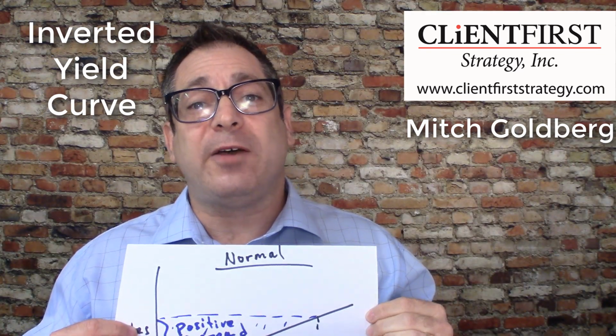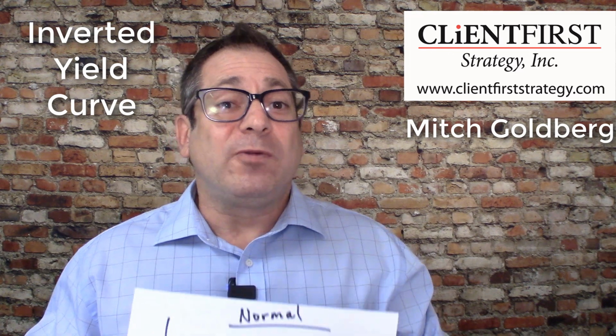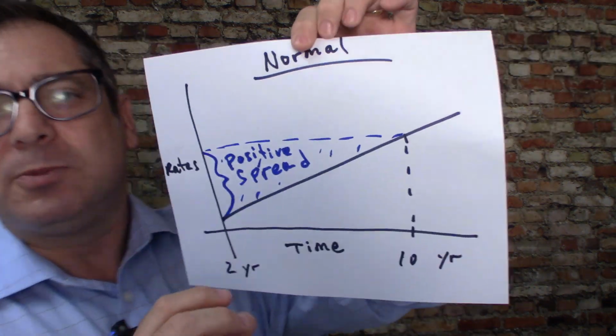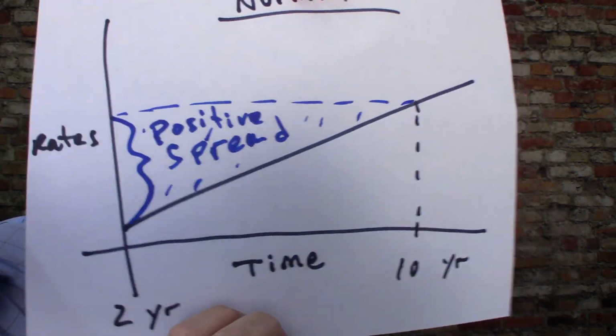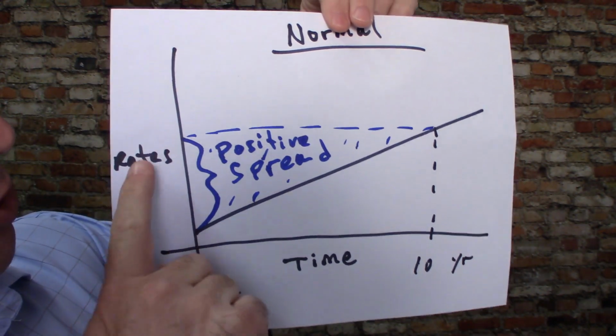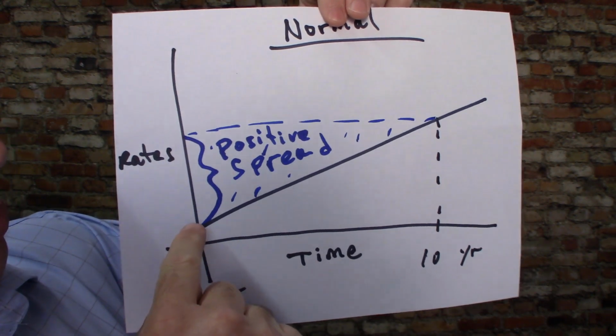The first chart I have, and please forgive me for my rudimentary artwork, is a normal yield spread. Here's a chart: interest rates up, time up that way, okay? And you have the 2-year Treasury.